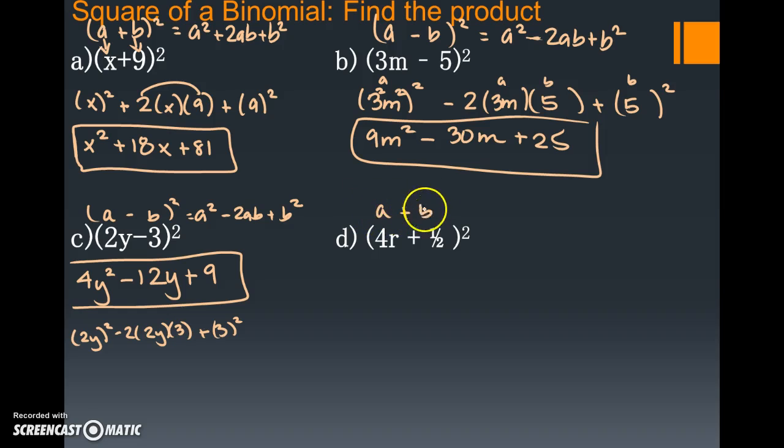Okay, (a + b)². Remember your pattern. Just writing it, I know it's tedious, but it does help.